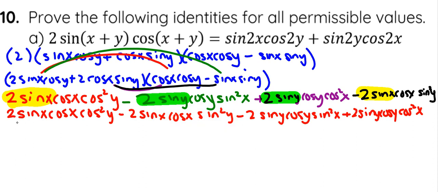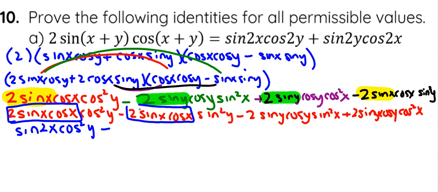Now I know that 2 sine x cos x, that's my double angle identity. So that's just sine of 2x times cos squared y minus, again, 2 sine x cos x, that's the double angle identity. So that's sine of 2x sine squared y minus, again, 2 sine y cos y, that's the double angle identity.